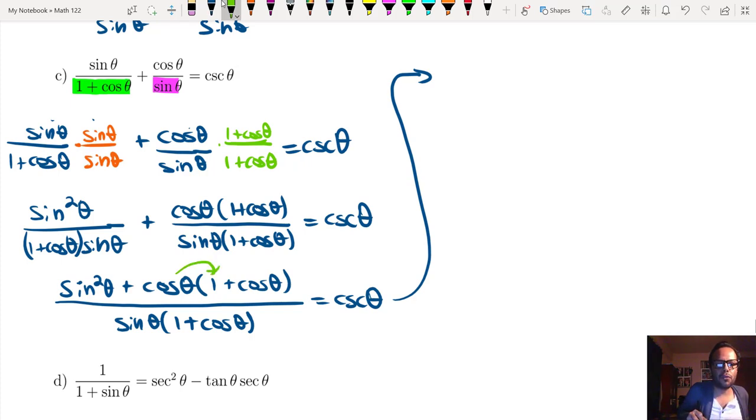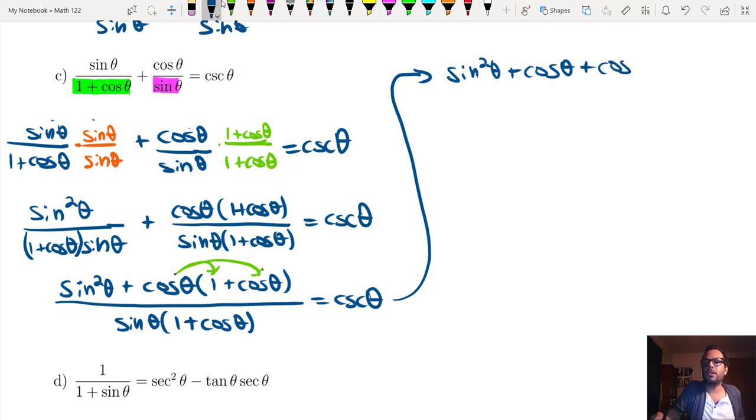We are going to distribute the cosine over the two terms inside the parentheses. This is sine squared theta plus cosine theta plus cosine times cosine. That's going to give us cosine squared theta. The whole thing divided by sine theta times 1 plus cosine theta.